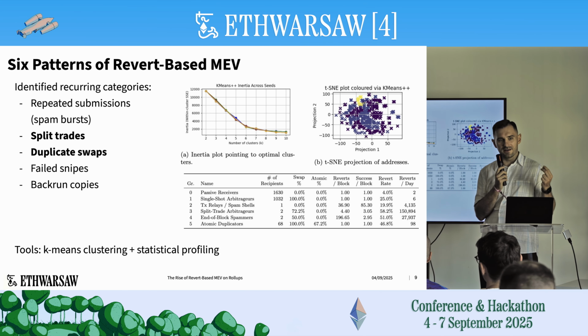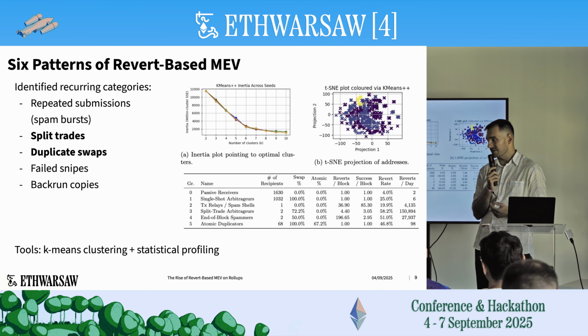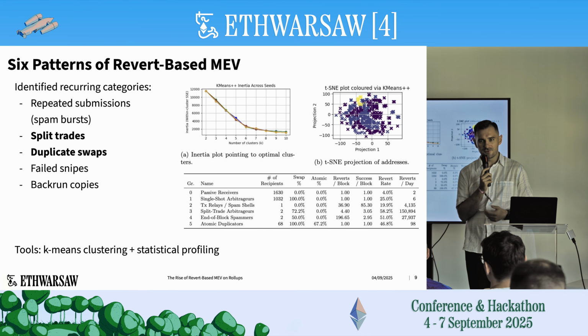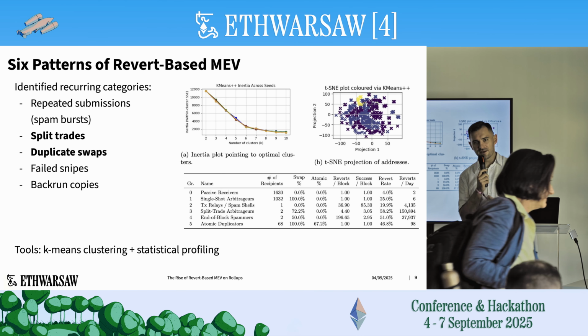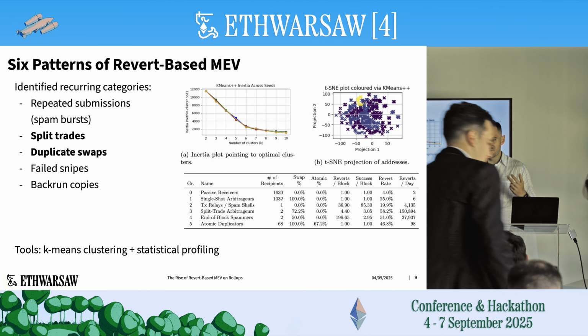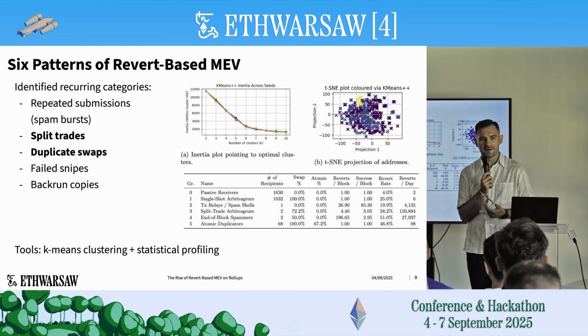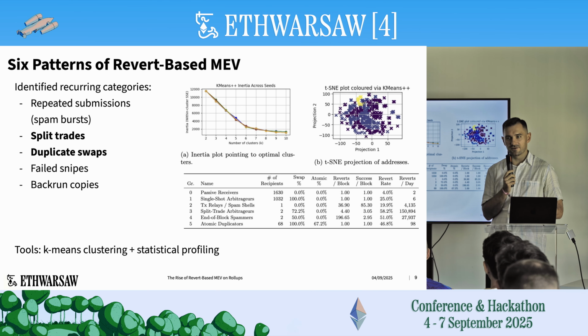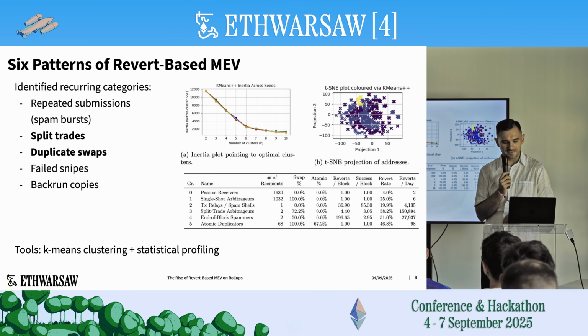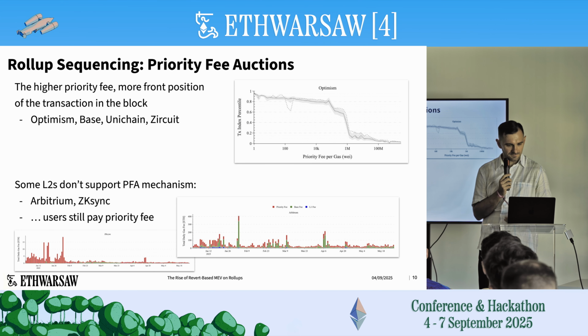You can also split your swap into smaller parts. For example, if you want to do MEV with a transaction of value 1,000, you can send 3 or 4 $300 swaps. And those strategies actually work very fine where you are trying to do such a revert-based MEV.